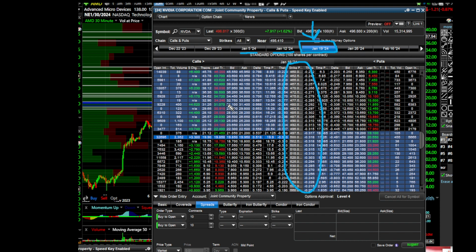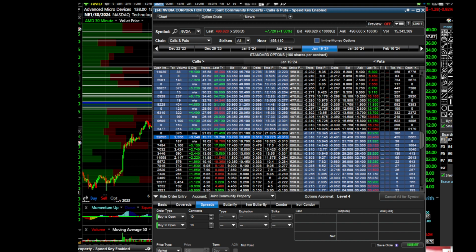And what you're saying is, if I do buy one of these, it gives the buyer the right to, depending on what you buy, a put or a call, to buy or sell that underlying asset at that particular strike price. And one option represents 100 shares.